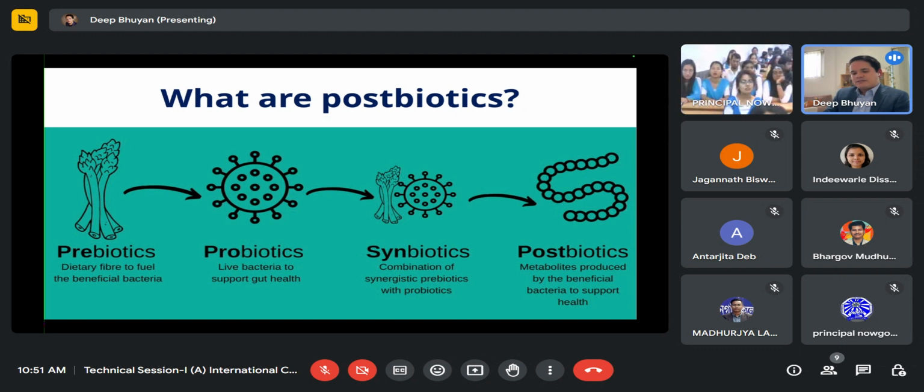So basically, what happens is that when you eat dietary fiber, food that is healthy, like fruits and vegetables, and probiotics, like yogurt and dosa and idli and all that, that will basically go to your gut, and the gut microbial communities will digest that and produce something called the postbiotics. So basically, the health outcome that you see from foods is through postbiotics.